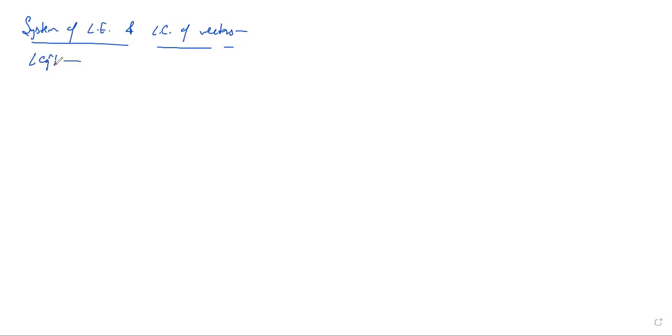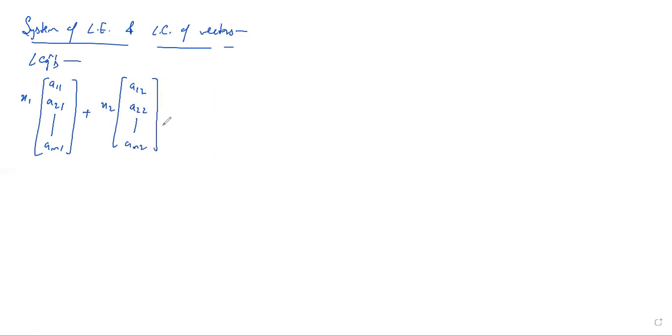linear equations into this format too, into the vector format, like x1 times (a11, a21 to am1) plus x2 times (a12, a22 to am2) plus, going on, xn times (a1n, a2n to amn), and that is equal to (b1, b2 to bm).